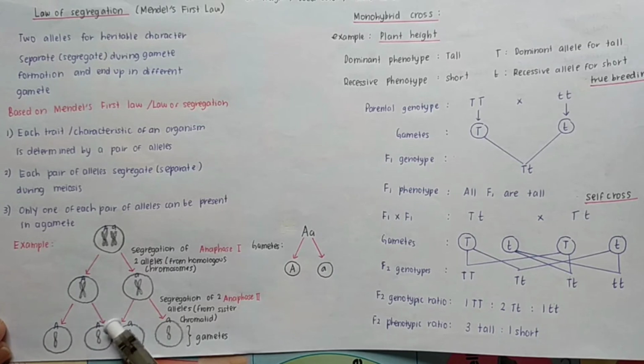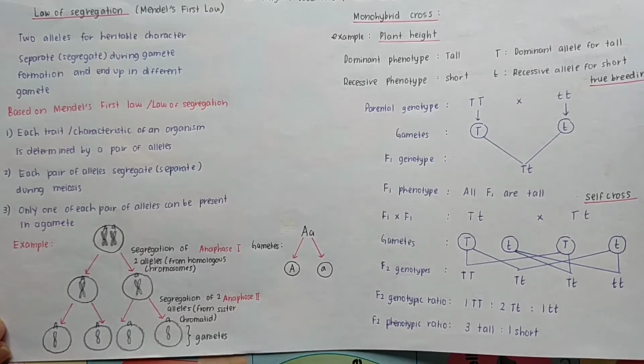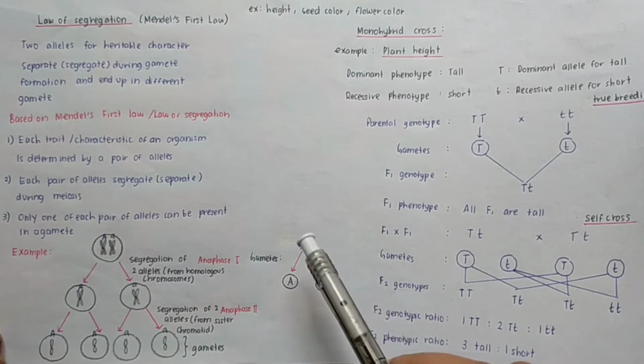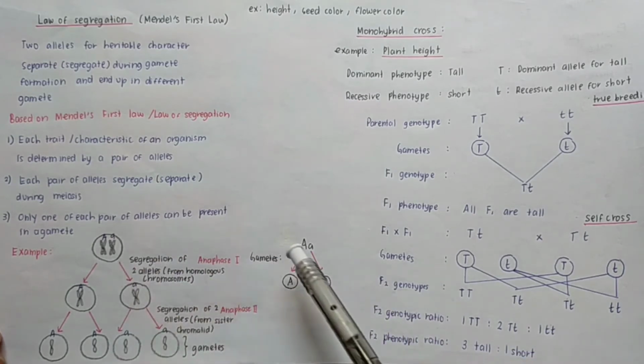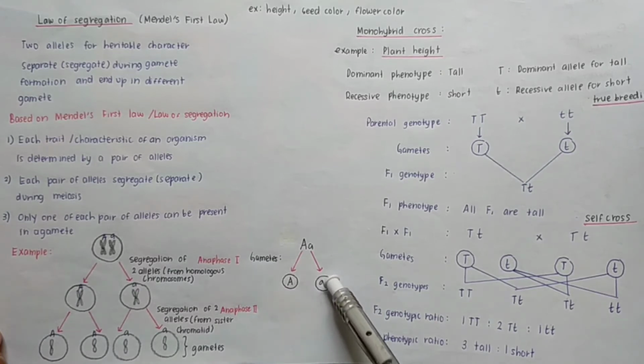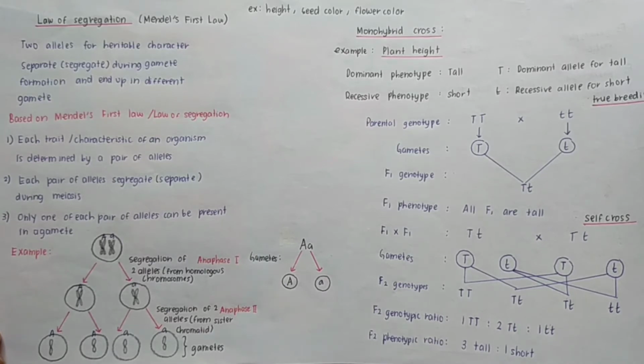And then setiap satu gamete dia cuma akan ada satu allele sahaja. Kalau kita ambil contoh this gamete, dia cuma akan ada allele A besar. Yang ni pun sama. So that's why kalau awak nak tunjukkan genetic diagram, let's say this is the heterozygous, A besar, A kecil. During gamete formation, the gametes will be, satunya adalah A besar, satu lagi adalah A kecil. So ni kita panggil sebagai law of segregation.